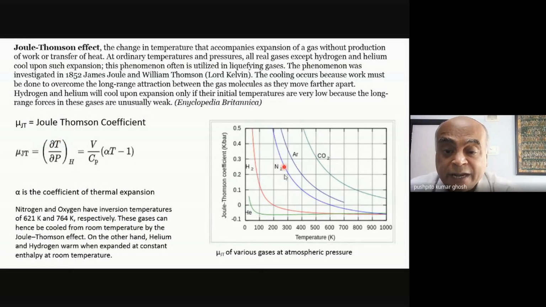So I will get a heating effect in these gases till such time that I hit a temperature where the mu JTs of these become positive. Whereas in the case of nitrogen, argon, CO2, I don't have to worry because it's got a positive value all the way from around 600 Kelvin onward. So there's a huge difference you can see between helium and hydrogen and nitrogen, argon, CO2.